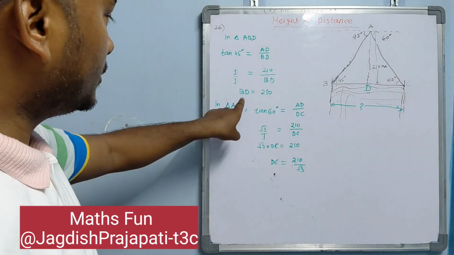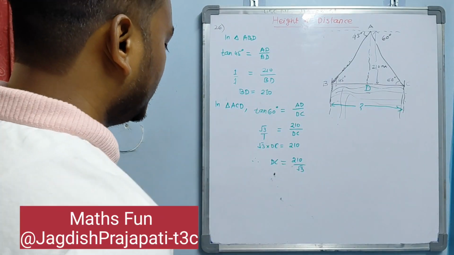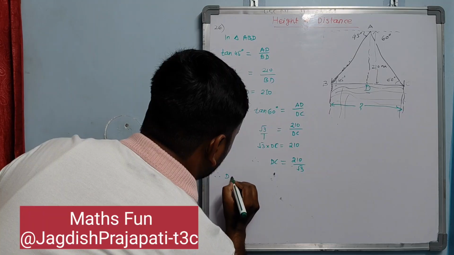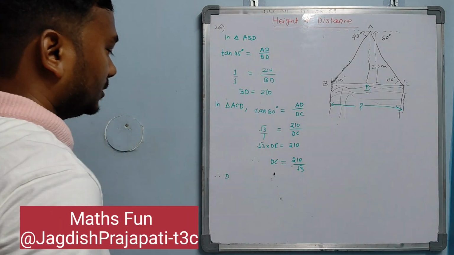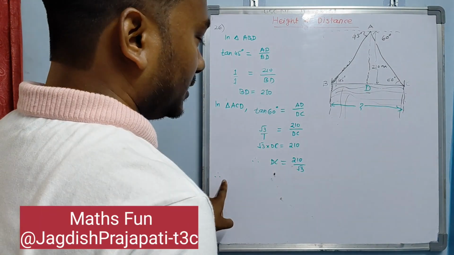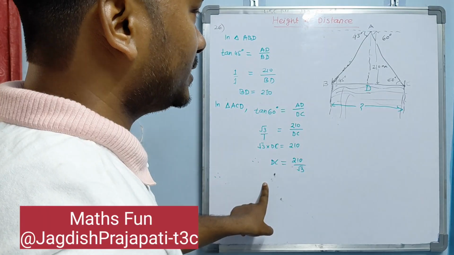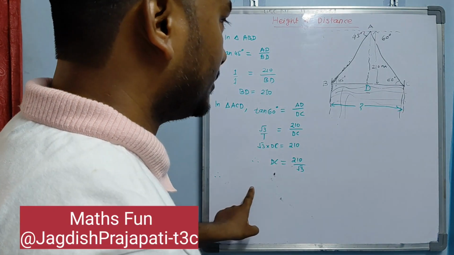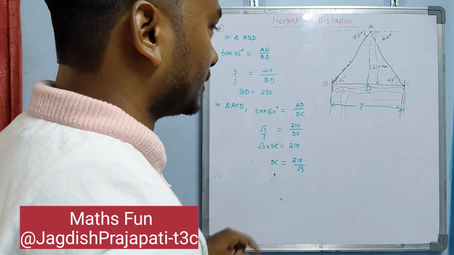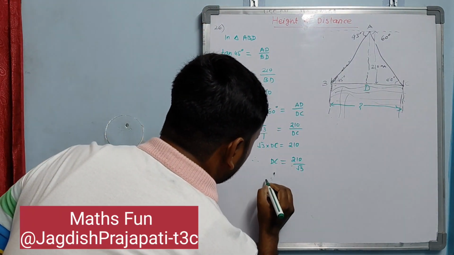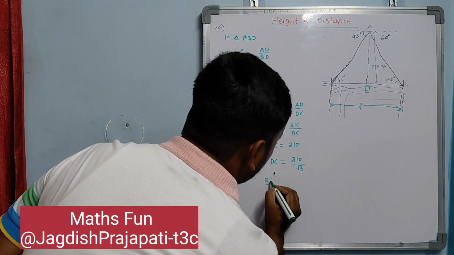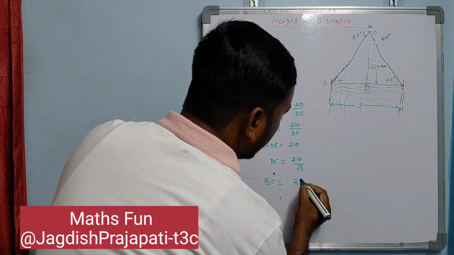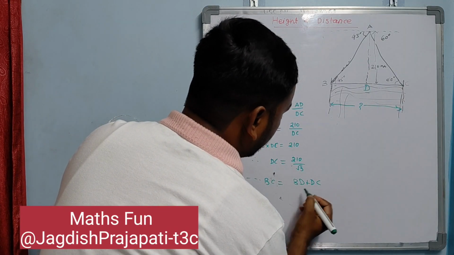So now we found BD and DC, and therefore the width of the river BC equals BD plus DC.